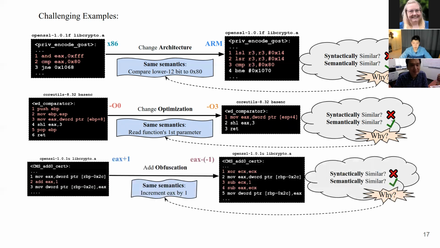The third example shows two code pieces still coming from the same function in OpenSSL, but obfuscated with the LLVM obfuscator using instruction substitution. Both increment EAX by 1. Unlike the straightforward implementation in the original code, the obfuscated code first sets ECX to 0, subtracts 1, resulting in -1 in ECX, and then subtracts ECX, which is -1, from EAX, which has the same effect as +1.